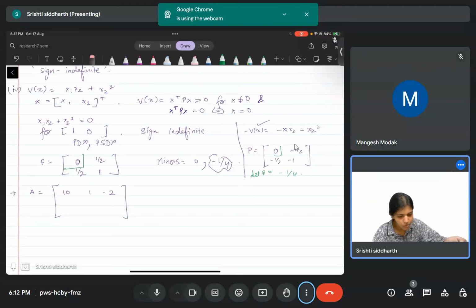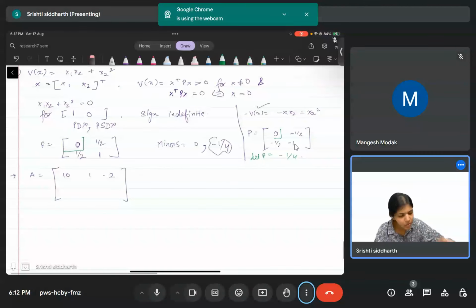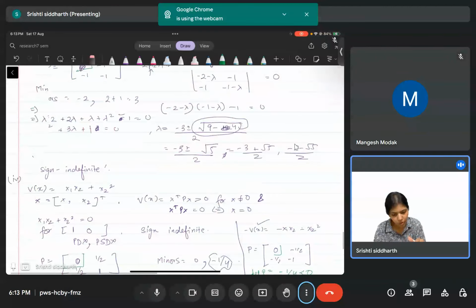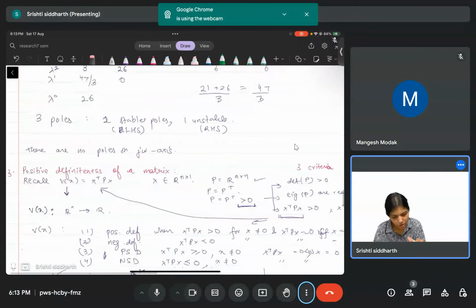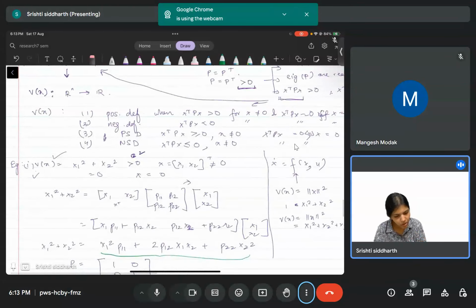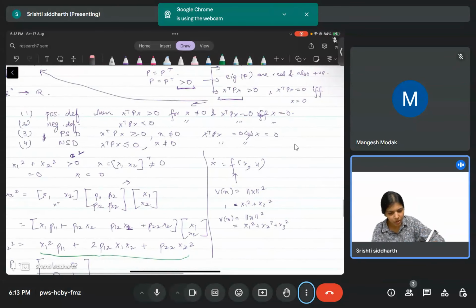The element is minus under 4. It's semi-definite. The function V of x, that scalar function, is negative semi-definite. Yes, minus V of x is positive semi-definite.